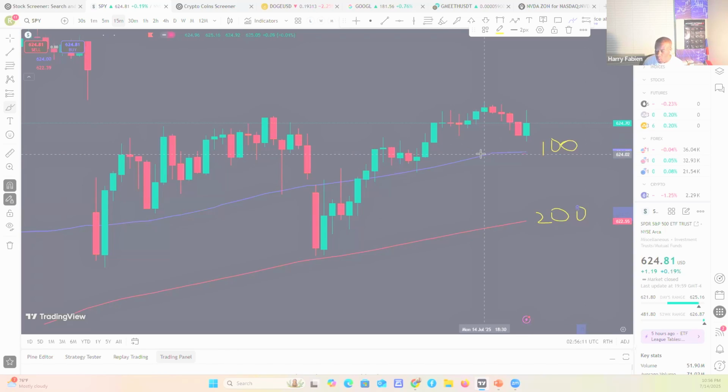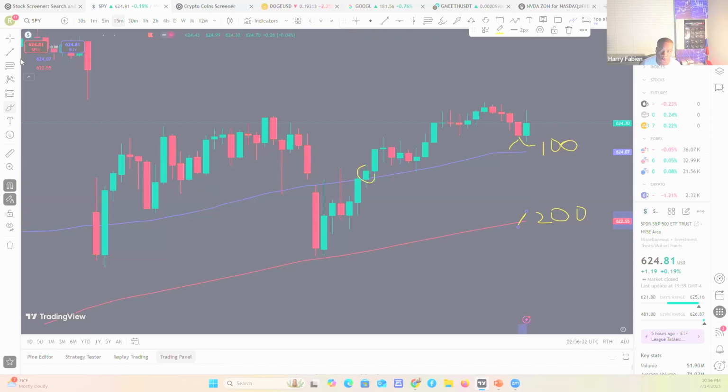So whenever the 100 moving average, which is the smaller number, is above the 200, the stock is bullish. That's the best time to buy for long term. You can buy it because the 100 is above the 200. It reacts slowly. That's a simple moving average.